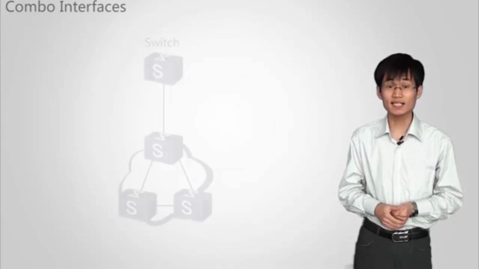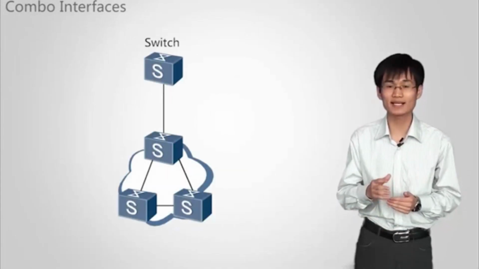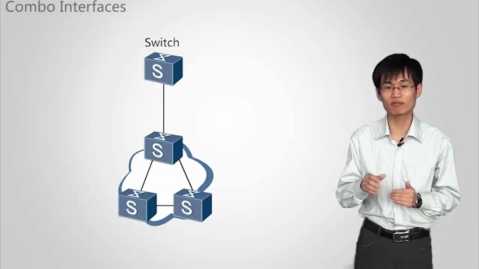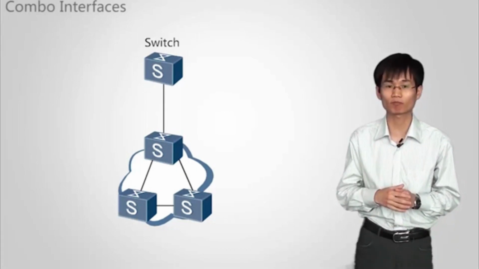Loopback detection is used to detect loops on the network. After the loopback detection function is enabled, the switch periodically detects loops on each Ethernet interface. The interface enabled with loopback detection sends a loopback detection packet every 5 seconds by default.